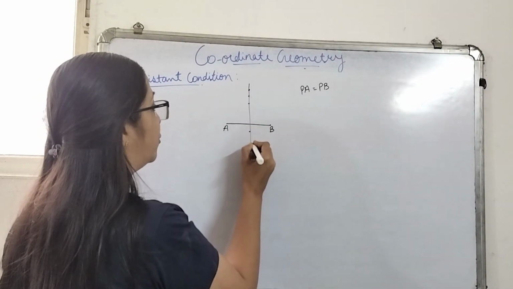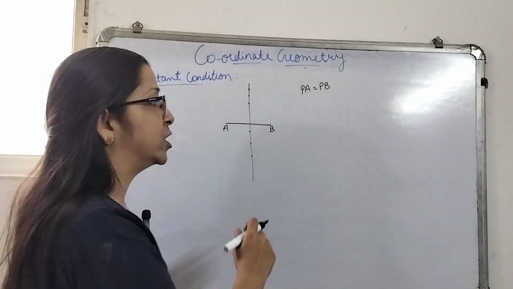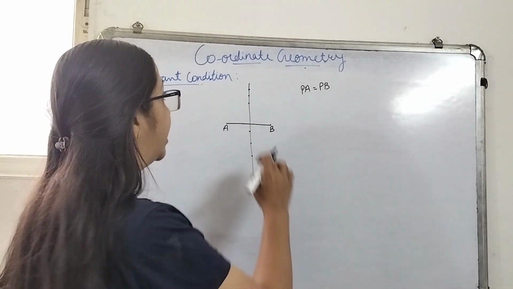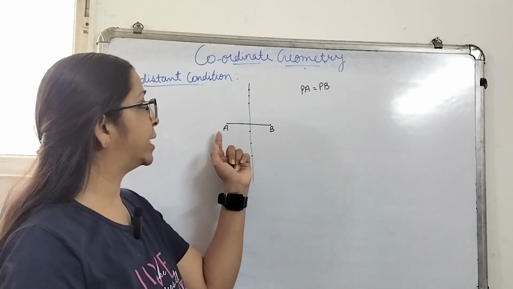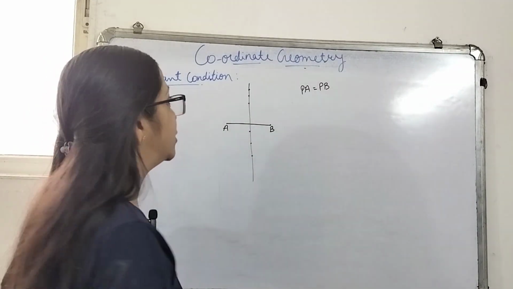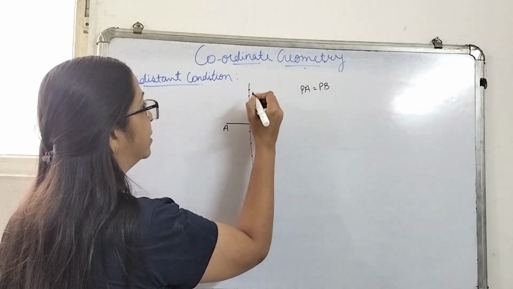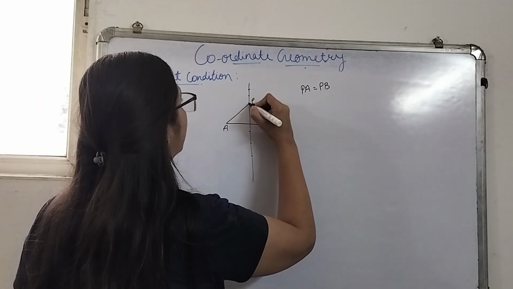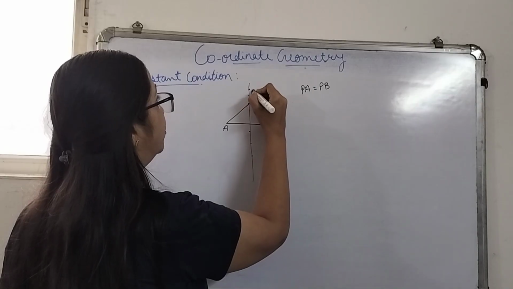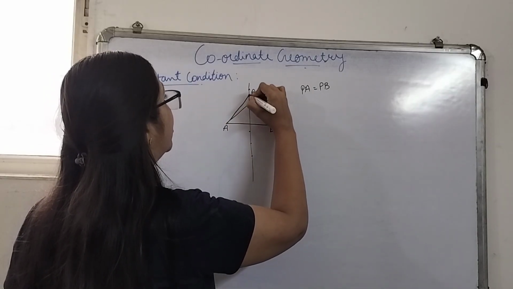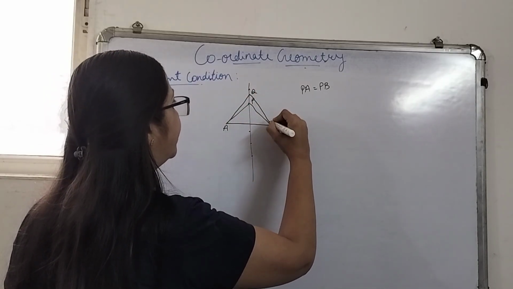There are infinite points lying on this perpendicular bisector, and every point is equidistant from both the 2 points, A and B. That means if this is point P, then PA will be equivalent to PB. If this is the point Q, then AQ will be equivalent to BQ.